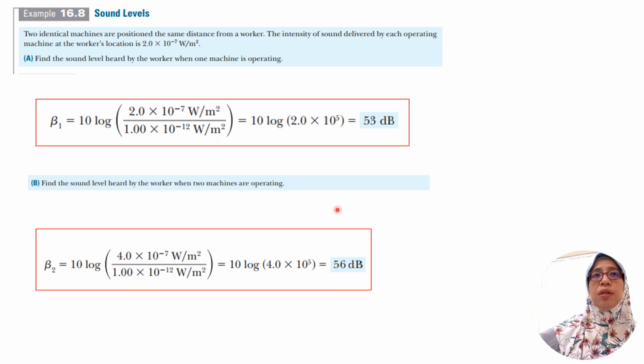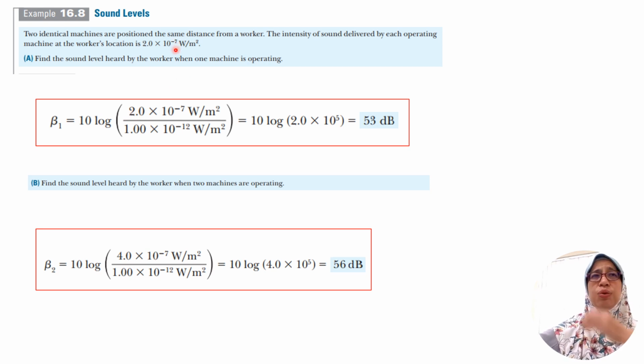Mana this worker standing somewhere in between them pun bolehlah bayangkan tengah-tengah dia. Dua mesin tengah-tengah dia. So, intensity of sound delivered by each one adalah 2 times 10 to the power of negative 7. Right, so sekarang dia kata kalau only one, find the sound level heard by the worker when only one aja operates. Jadi kita akan nampak power dia singular saja.